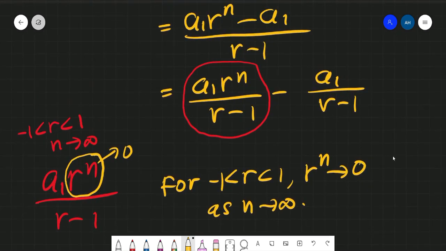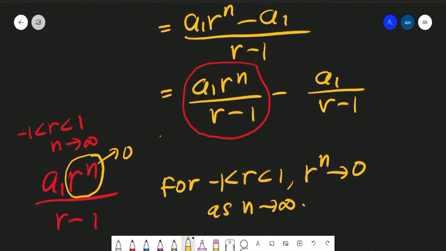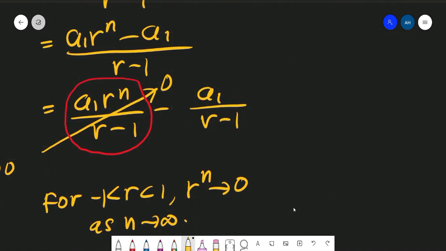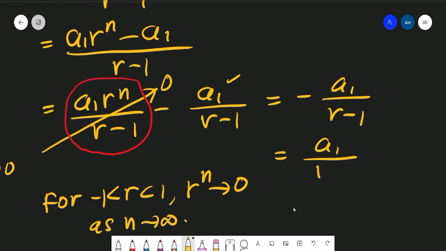What that means is this term here will go to 0. So what we are left with is only this term. That is, the answer is negative a1 over r minus 1, or equal to a1 over 1 minus r, provided that the value of r is between -1 and 1, or we say the absolute value of r must be less than 1.